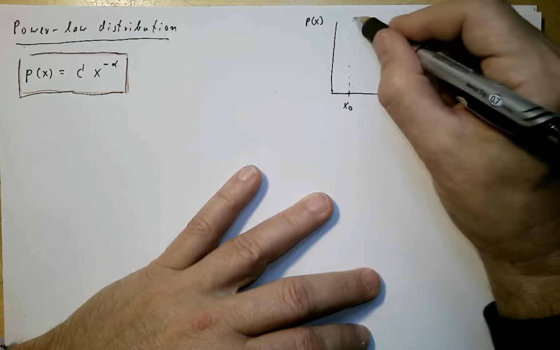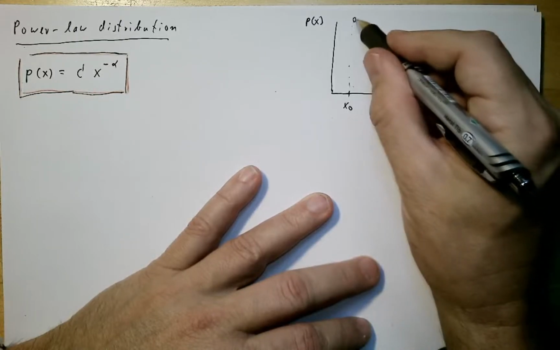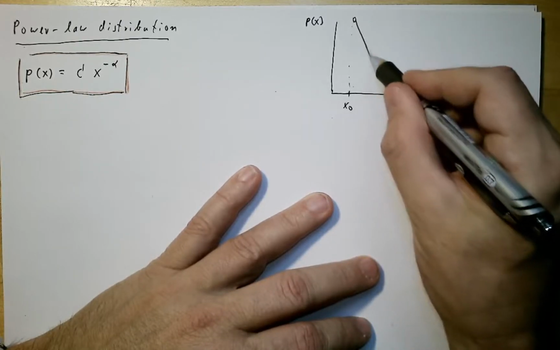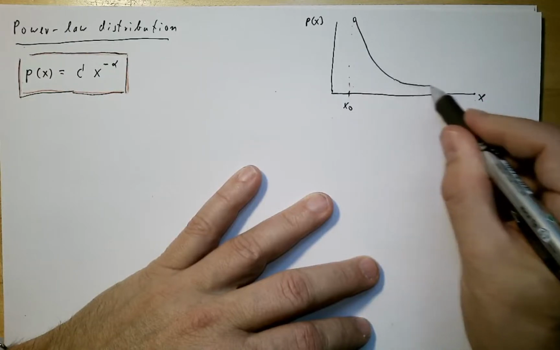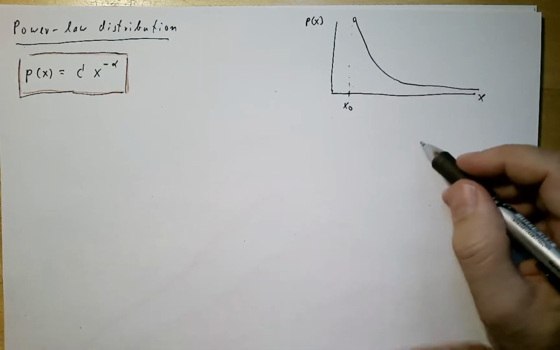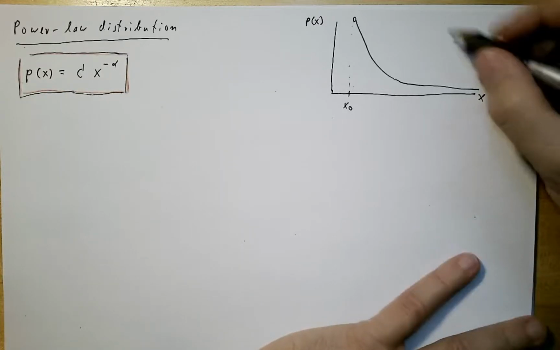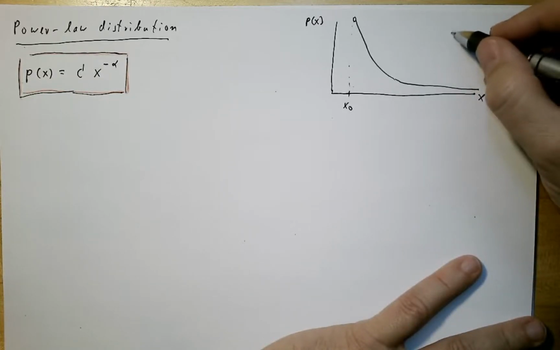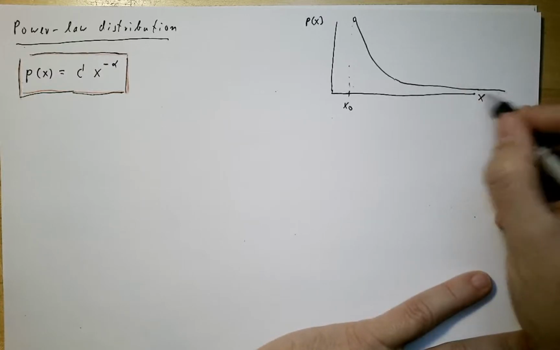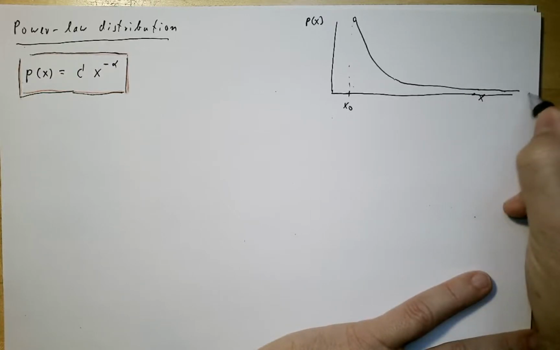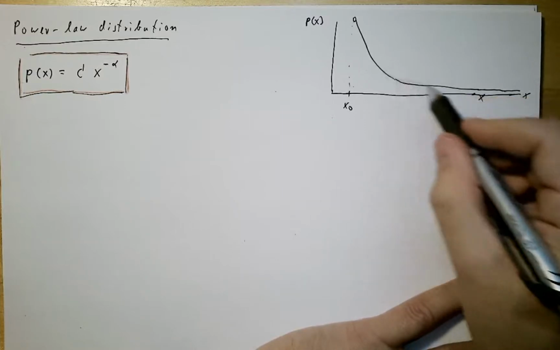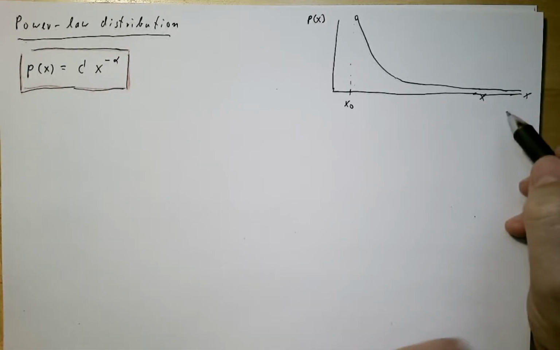And then we have the distribution, which decays with x. We should have drawn this a bit larger, so you really see that we have a very long tail of the distribution.